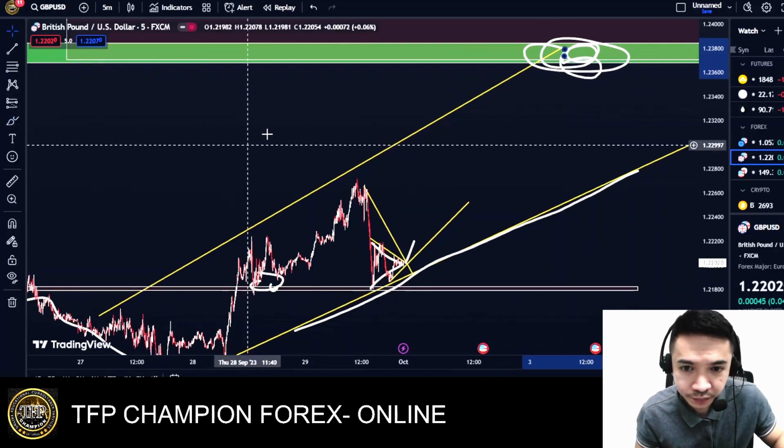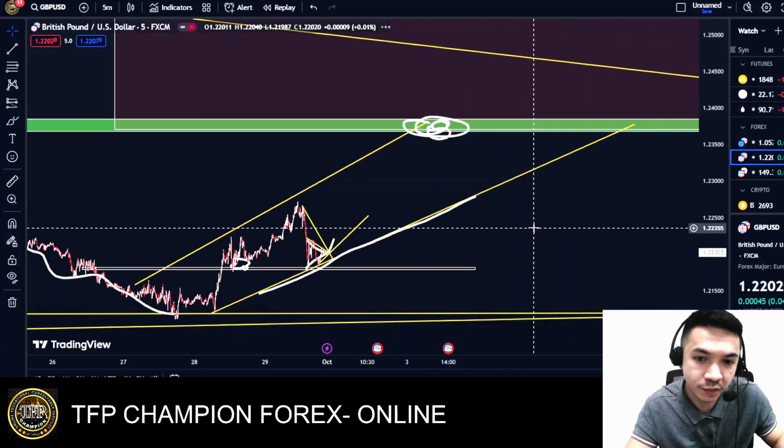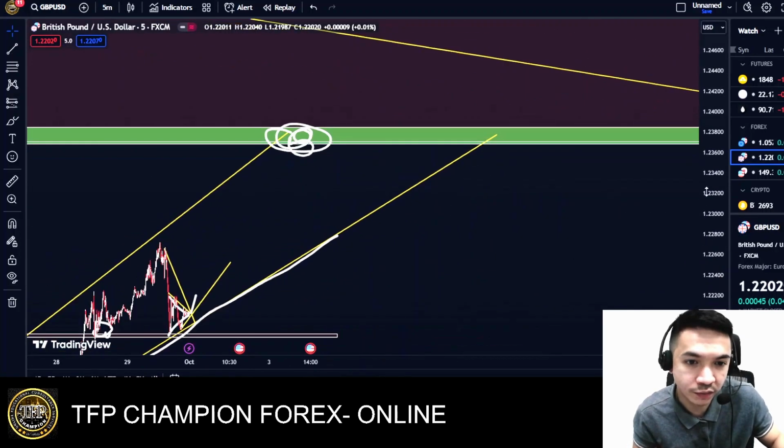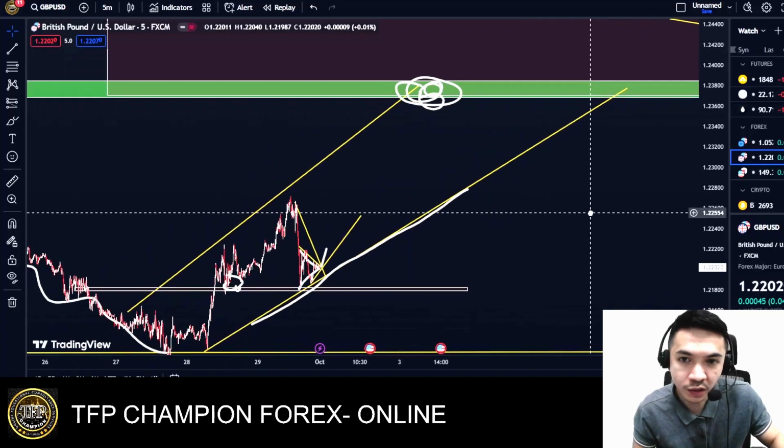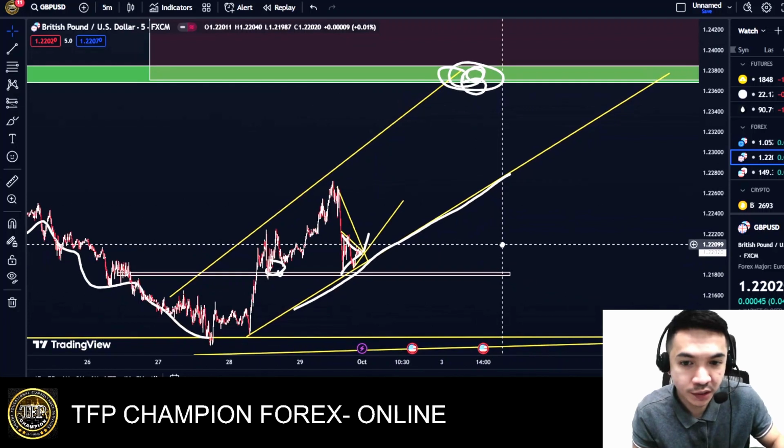Okay? So, that's how we analyze coming from a higher time frame perspective down to a much lower time frame para mas magkaroon tayo ng clue ano ba yung mga pwede nating decision pagdating sa buy or sell.